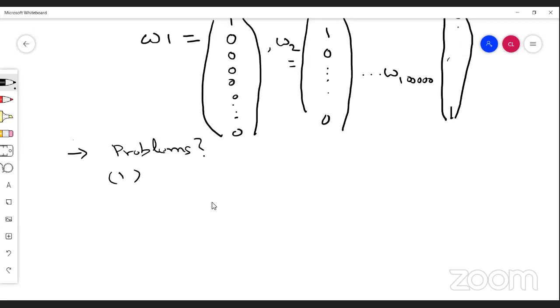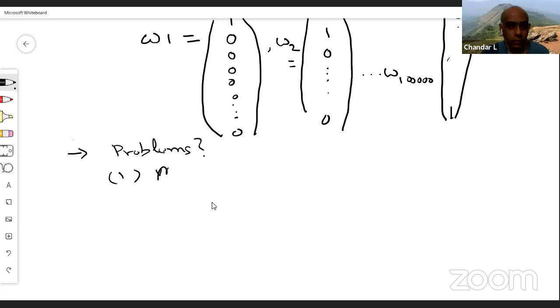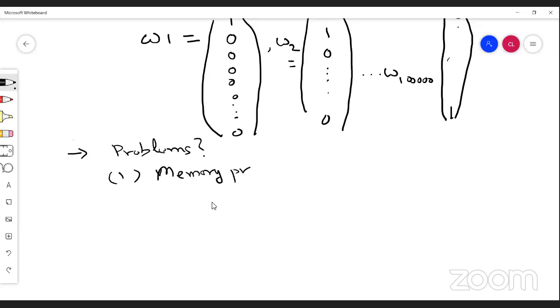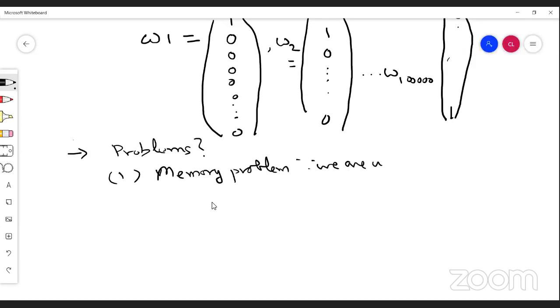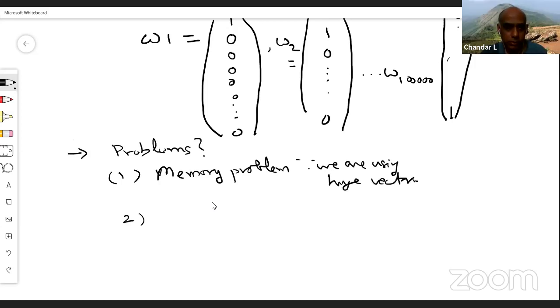Memory alone, and then the processing time. Yes. Yes, memory problem because we are using huge vectors. It's sparse, right? Yes, it is a very sparse vector, like the matrix, which means that even though we have 100,000 dimensions, not all of them are getting used.